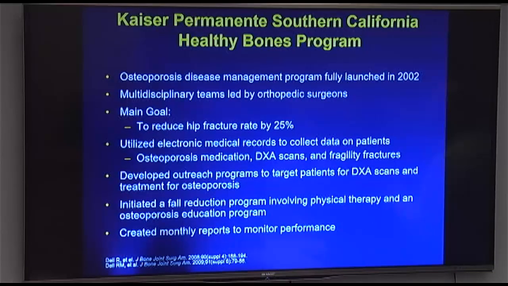Again, if you have a closed system, you're more aware of the costs of care, particularly if you can expend a certain amount of money to prevent the fractures. You're going to save a lot of money for the system.